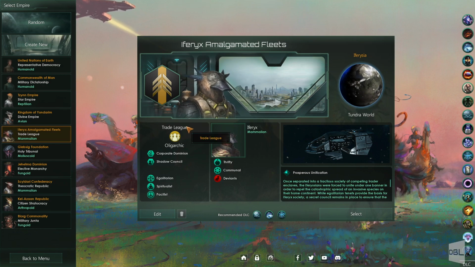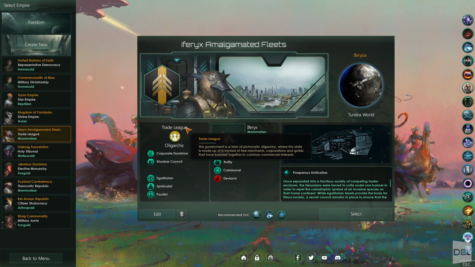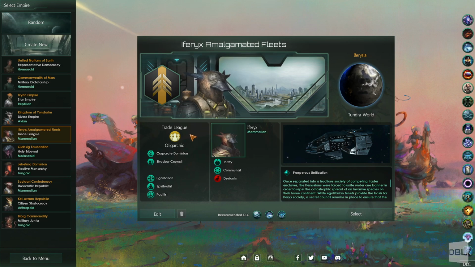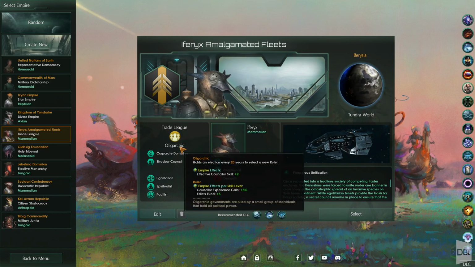Okay. Trade League. Government is a form of a plutocratic oligarchy where the state is made up of a myriad of free merchants, corporations, and guilds that have banded together in common commercial interest. Okay, that doesn't sound too bad. Oligarchic holds an election every 20 years to select a new ruler. 20 years is still better than not being able to choose a leader or a ruler.